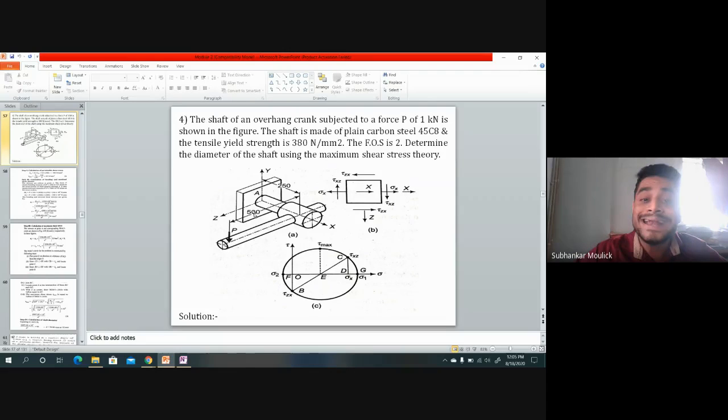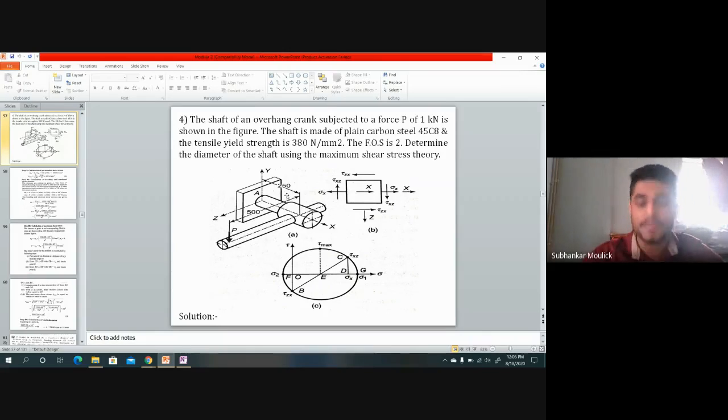So bending stress will be generated on this shaft which is lying on the x axis, as well as P into 500 will create a torque on which shaft? On this particular shaft which is parallel to z axis and will try to twist this particular shaft at point A. So this P into 500, this will create a torsional stress in the entire problem, and the P into 250 moment will create a bending stress in the entire problem.